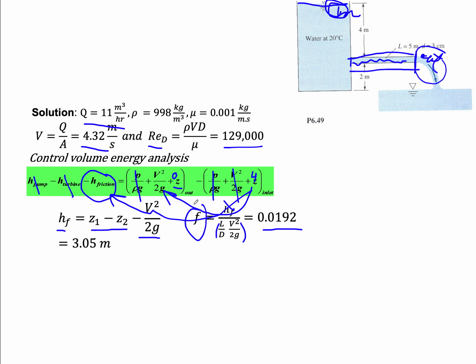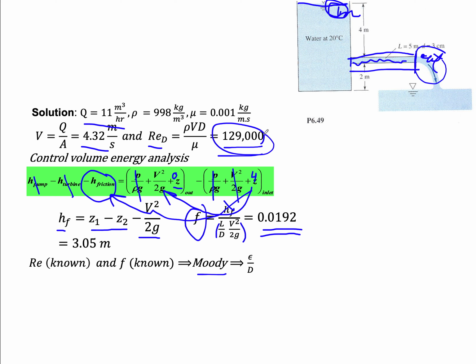So what next? We want to know what pipe material we should make this out of. We have a Reynolds number, and we have a Darcy friction factor. So let's go consult the Moody Chart. The Moody Chart tells us that the flow is turbulent, and we know that in a turbulent flow, our flow can be hydrodynamically smooth or hydrodynamically rough.